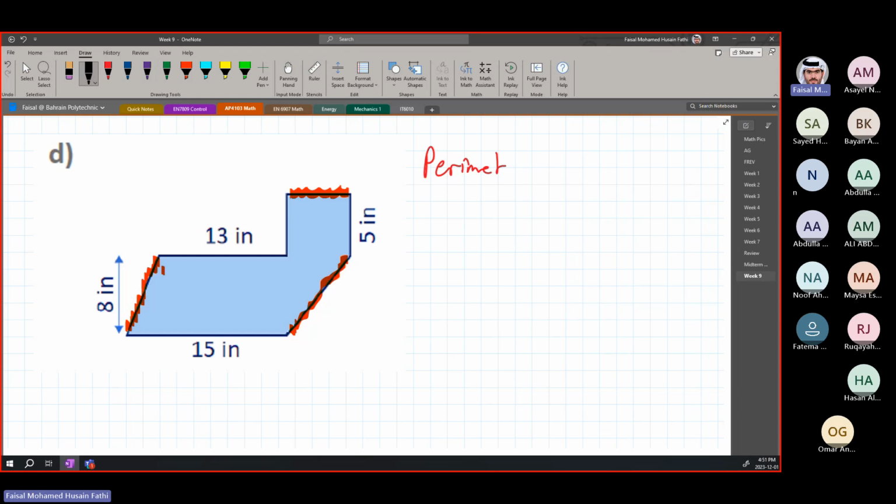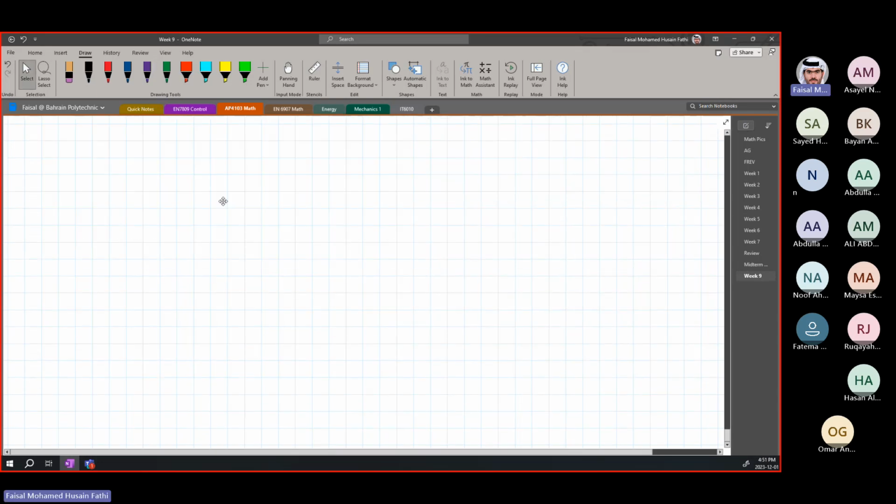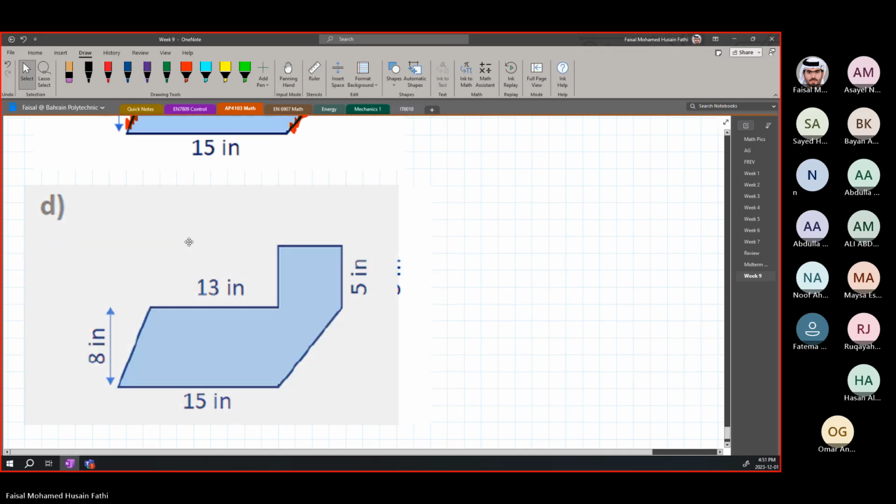So in the question, it said find the perimeter if possible. For your level in this case, we don't have to find the perimeter because we cannot find these two sides specifically. So we'll just go directly to the area.